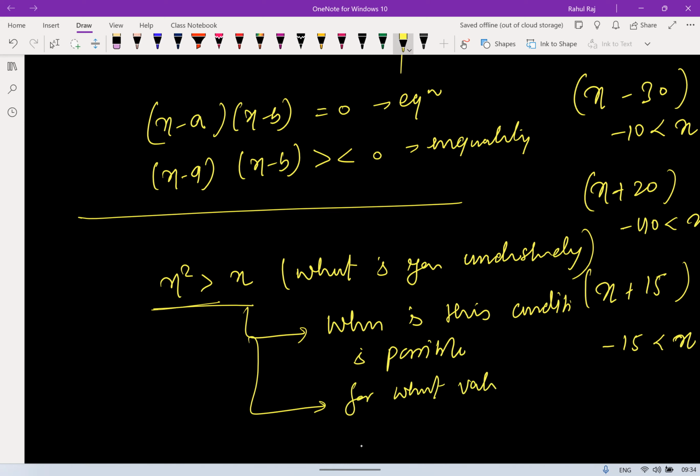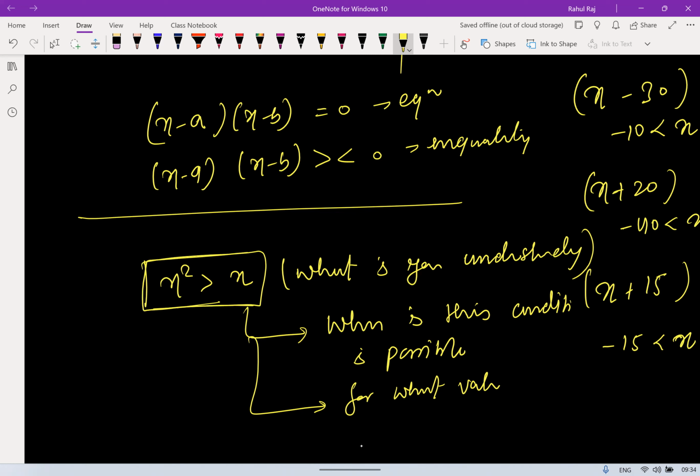When x is greater than 0. If I take x equal to 1, do you think 1 square is greater than 1? No, it's equal to. Then when x is greater than 1, that's true, because you put any value of x greater than 1, this is 100% possible.